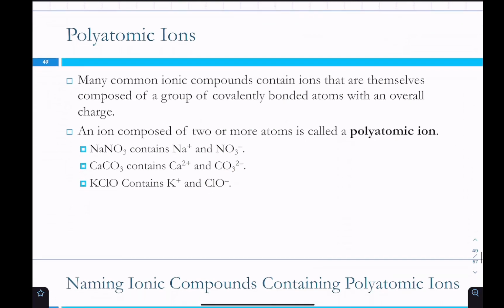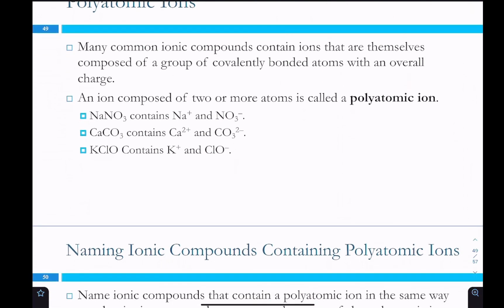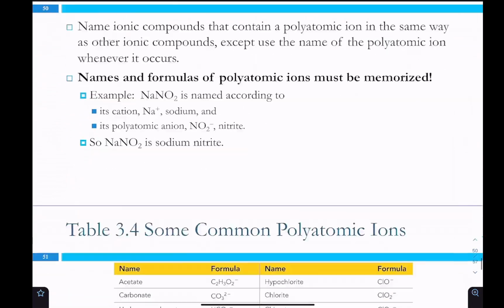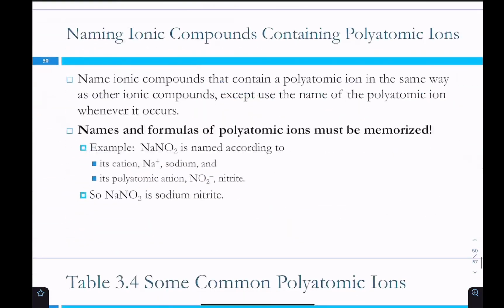For some of the polyatomic ions, you just have to memorize them. I'll show you some methods for remembering the oxyanions. If you're naming an ionic compound that has a polyatomic ion, you name it the same way, except instead of changing the anion's last syllable to -ide, we just leave it as whatever the name of the polyatomic anion is.